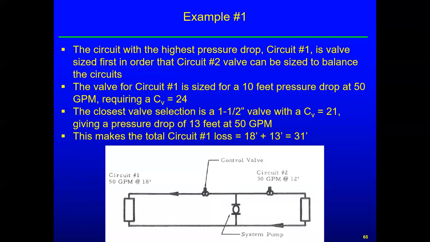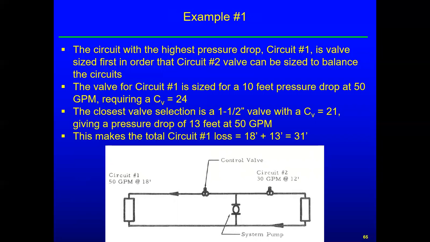Okay, so let's move on to example 1. And you see it's pretty simple. We've got a system pump kind of in the center with a coil on the left and right, and the flow is coming vertically out of that pump, as you can see by the flow paths in the 2 loops. We have control valves that we're going to size, and everything else, balancing valves and all that, even though they're not shown, would be included in these circuit drops that are given.